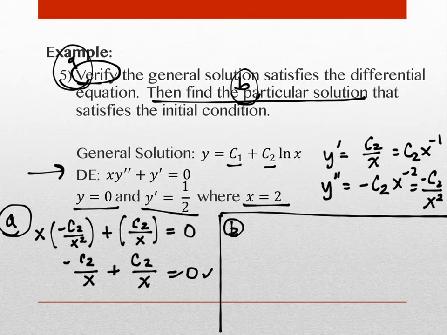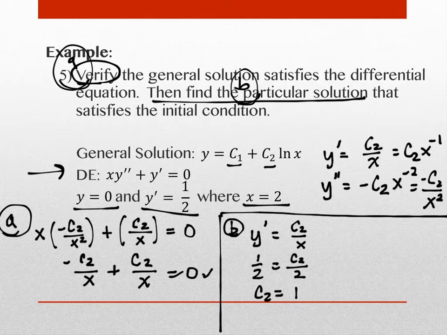So I'm going to start with the derivative equation that you guys found with me, which was C2 over x. And it says that y prime is supposed to be 1/2 when x is equal to 2. Right? y prime is 1/2 when x is 2. So what is C2 going to equal? 1.